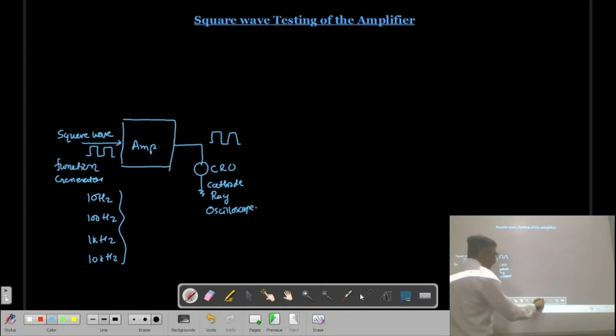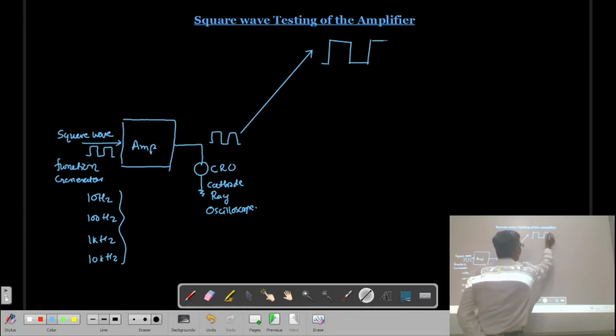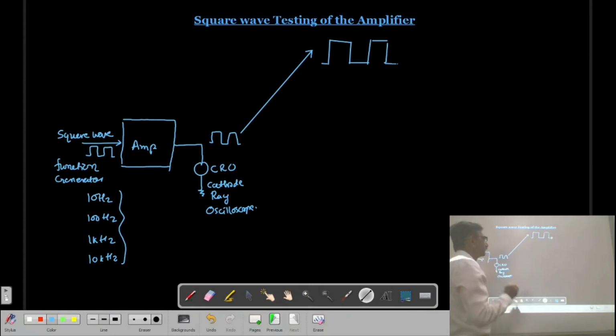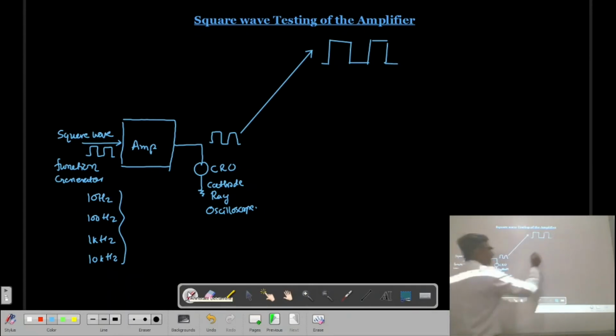If in the output I find a perfect square wave, if the shape of the input and the output is the same, then you can say that there is no distortion.